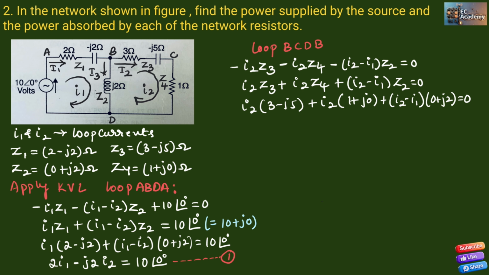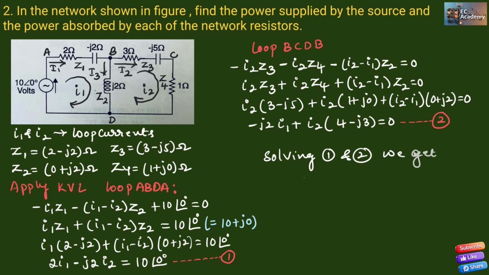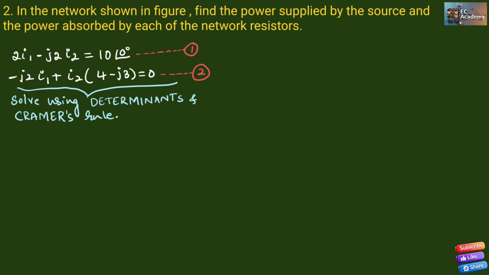If we simplify the above equation, we get minus J2 I1 plus I2 into (4 minus J3) is equal to 0. Now let us write this as equation number 2. Now solving equations 1 and 2, we will get I1 and I2. Now we have equation 1 and equation 2.